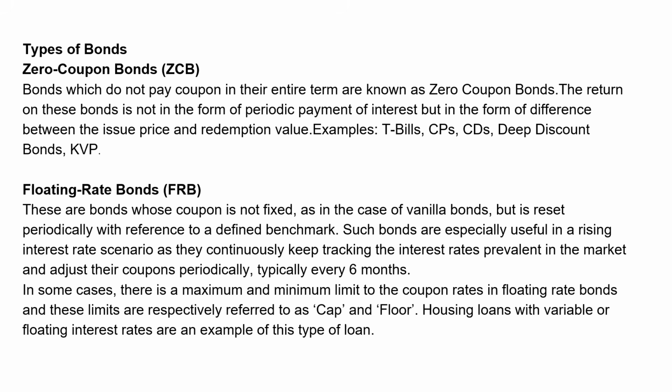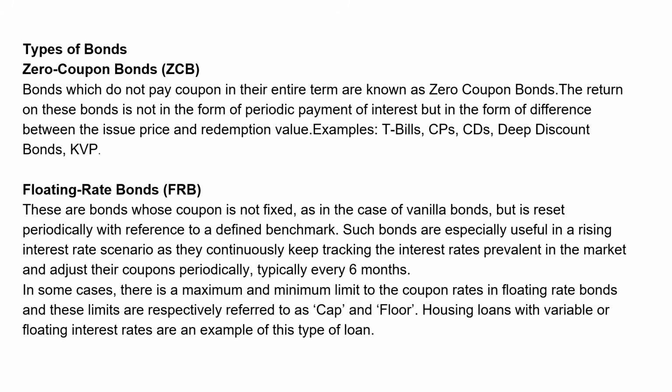As you can see, the floating interest rate on home loans is exactly an example of a floating rate bond. If you have gone for a flexible home loan, depending upon the interest rate that is prevalent in the market, your interest rate on the loan would also vary, right? So that is an example of floating rate bonds.